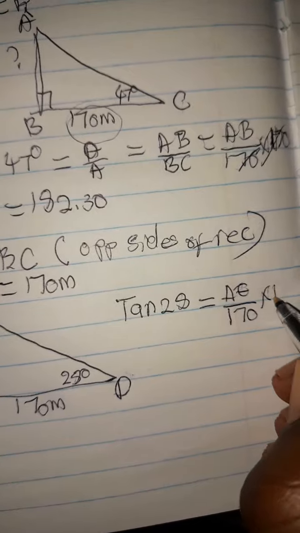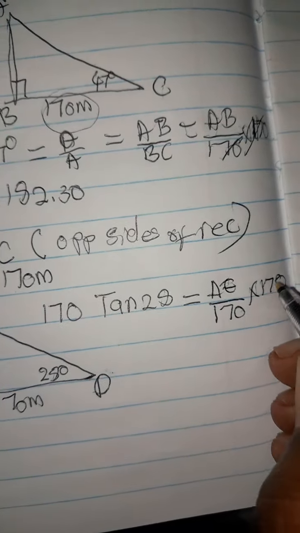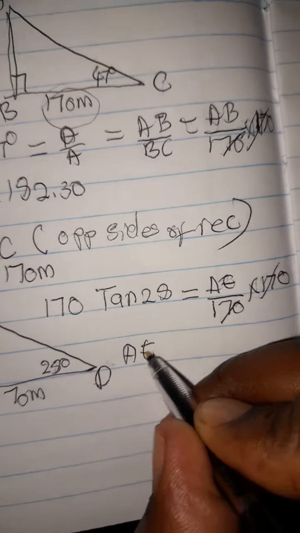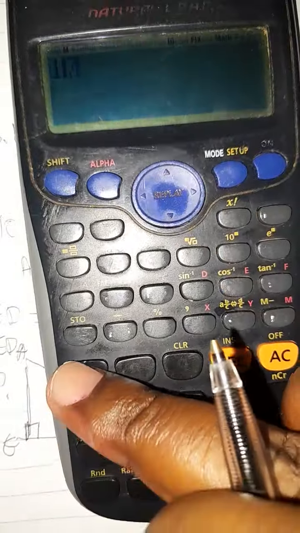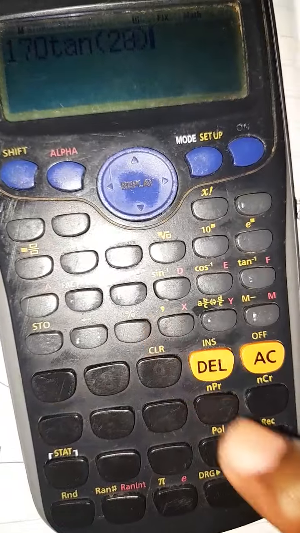Then to get AE, multiply everything by 170. This and this cancel. So what are we having? AE equals 170 tan 28.